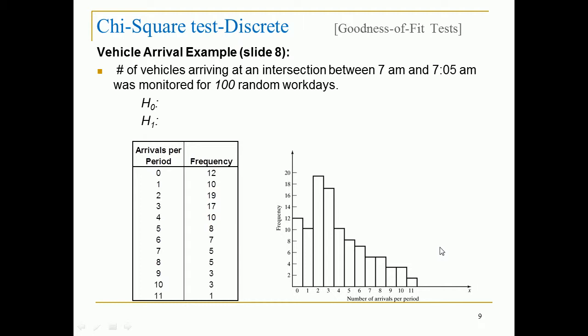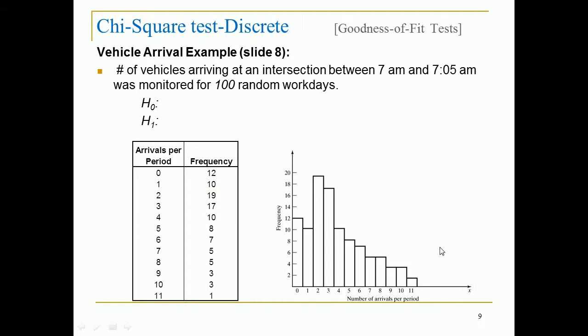And this example is the example we discussed in class for when we are looking at how to identify a distribution from a histogram. So as a review, in this example, we are counting the number of vehicles arriving at an intersection between 7 in the morning and 7:05 in the morning.